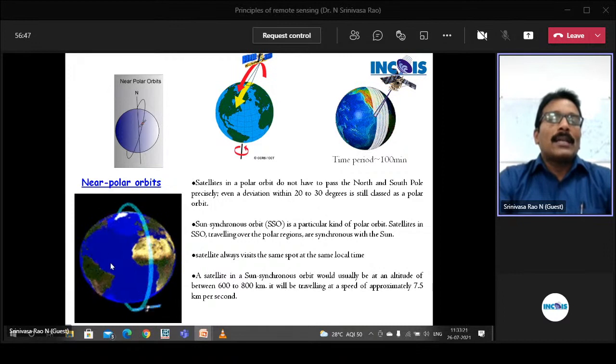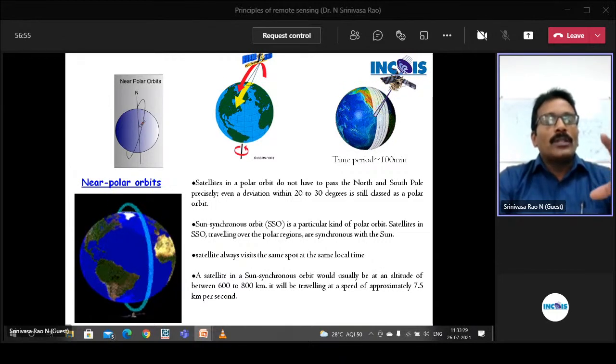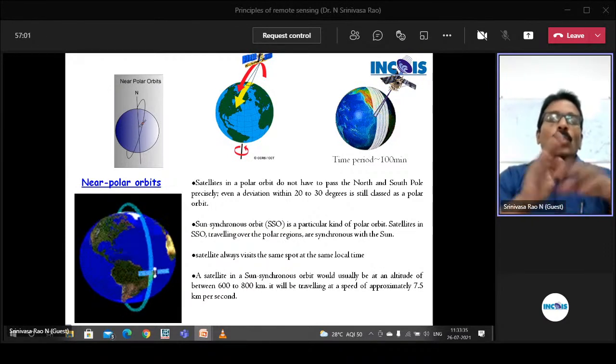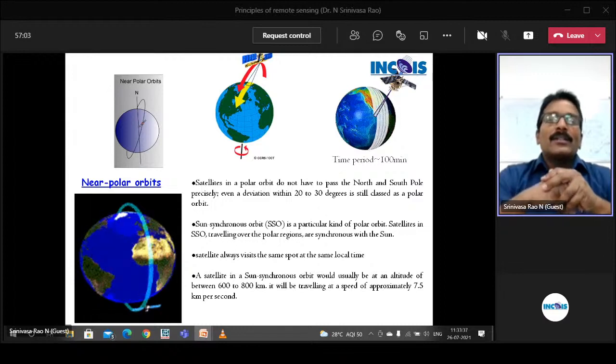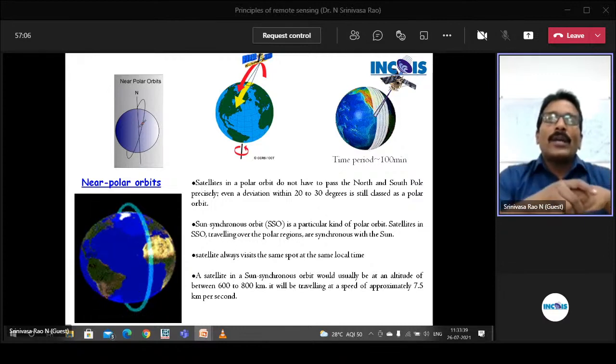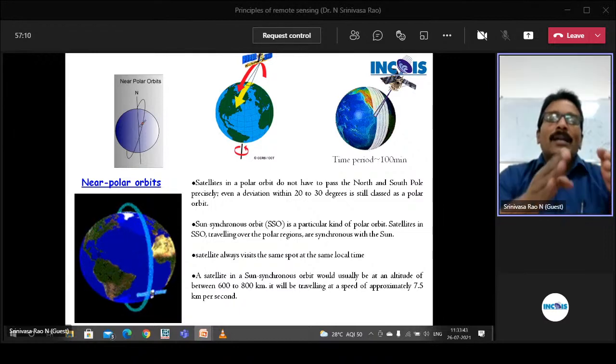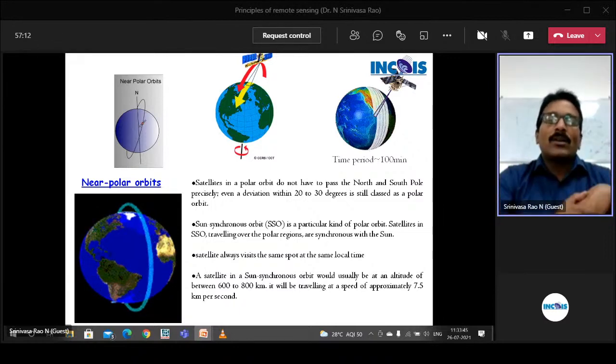Like this, with polar satellites we cover the complete Earth. In the Indian scenario, during satellite launches we hear two words, PSLV and GSLV. PSLV means Polar Satellite Launching Vehicle. That means we place the satellite in a polar orbit, at a height varying from 600 to 700 kilometers.